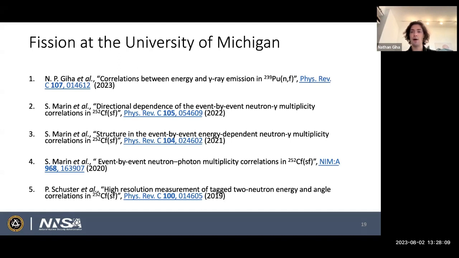The closer we can get to a complete model of fission, the better we'll be able to predict signatures of fission that might not be understood right now. So in the future, we might be able to predict something before it's even been measured, and use that to find illicit or special nuclear material, for example.